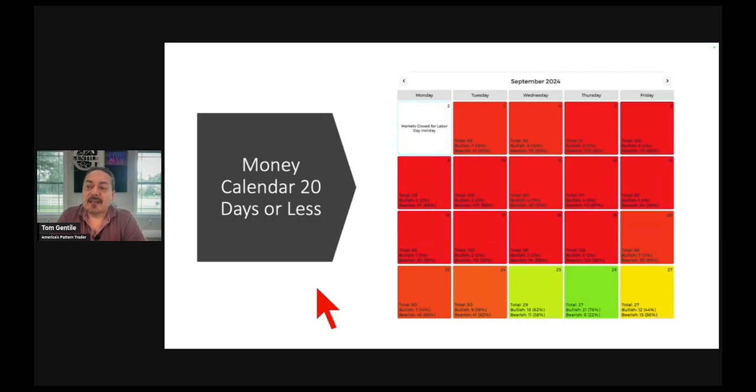This is what the money calendar looks like when I go in and I look at just opportunities that are 20 days or less. See all the red that's on the screen? It means that most of this is bearish. So think of the short-term opportunities as the ones that are still having high volatility, and with shorter term, it's harder to really get a move anyway.